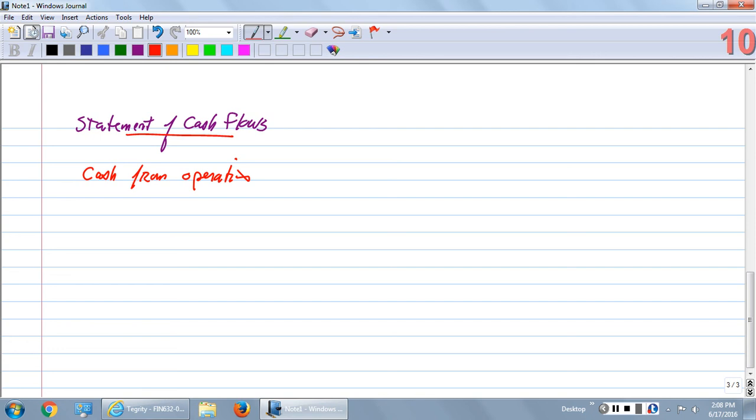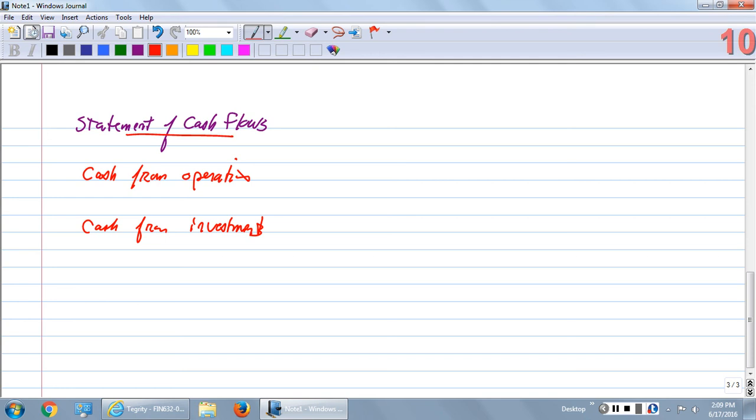So we've got cash associated with our operations. We've got cash from investments. For instance, if maybe our fixed assets increased, well, that would be a use of our cash. Cash went out to increase our assets. Okay, perhaps we sold some of our assets. That would be an inflow.